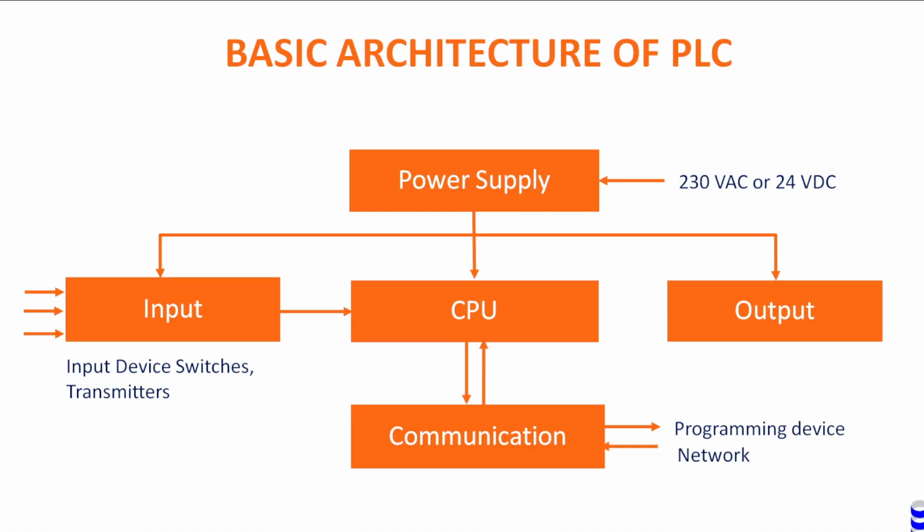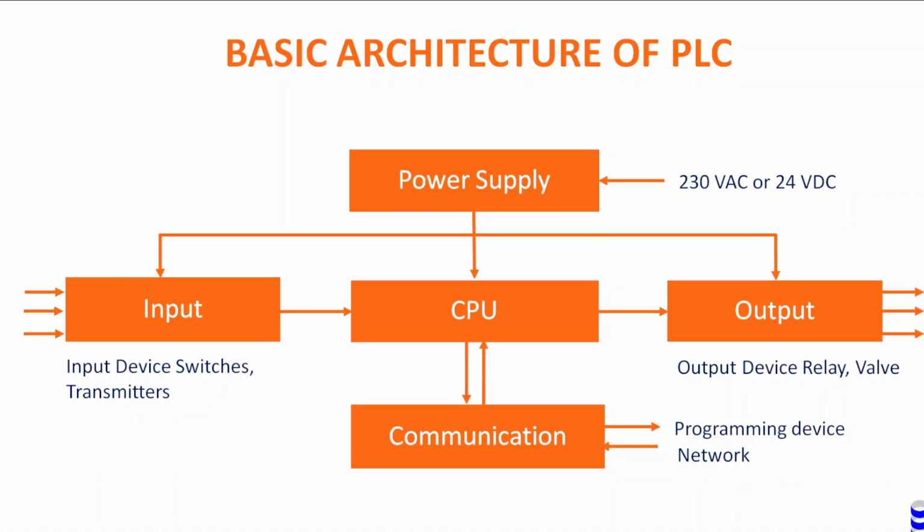Now, depending upon the inputs and the program downloaded to the CPU, it will generate the output, and the CPU will give the output to the output cards. On the output cards, there can be devices like relays, valves, and pumps connected.